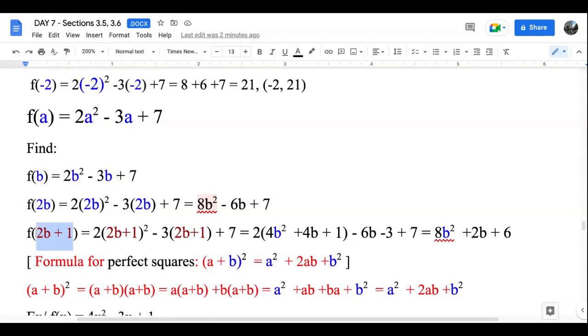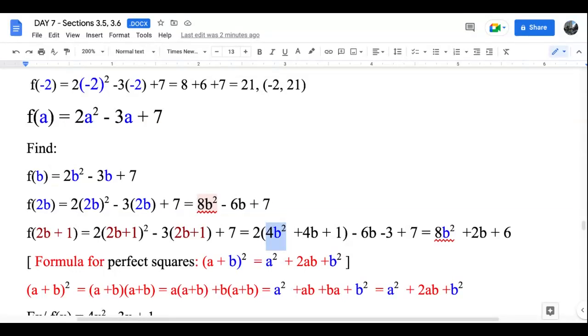Now this input is 2b plus 1. We follow the same pattern: 2 times 2b plus 1 squared minus 3 times 2b plus 1, plus 7. Perfect squares means square the first term: 2b squared is 4b squared.